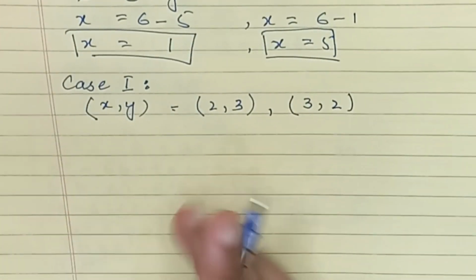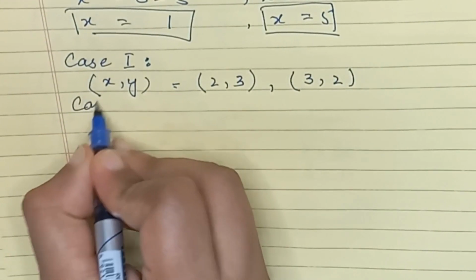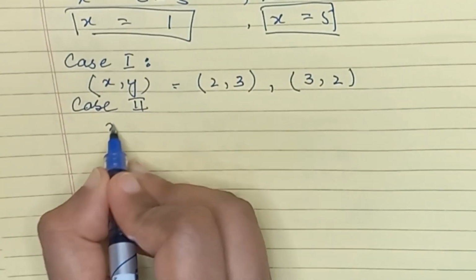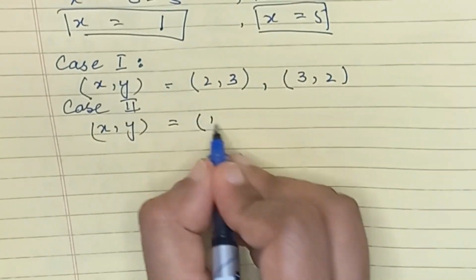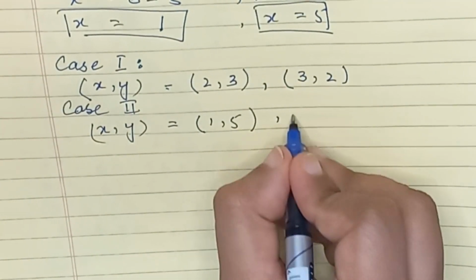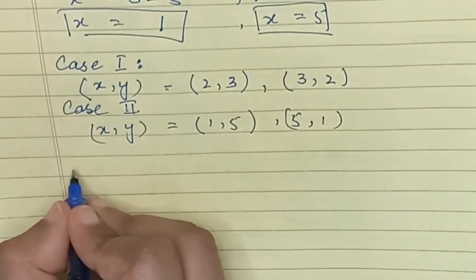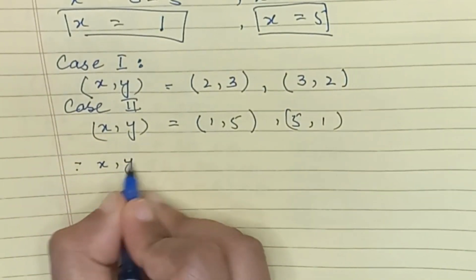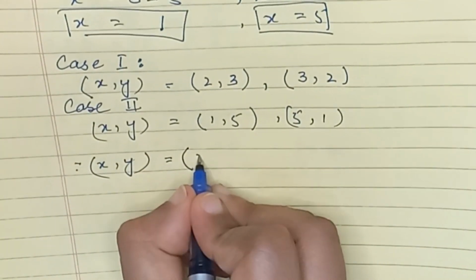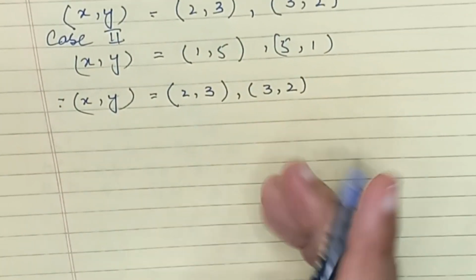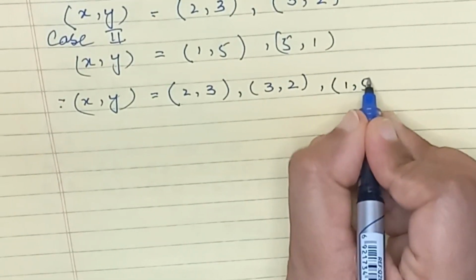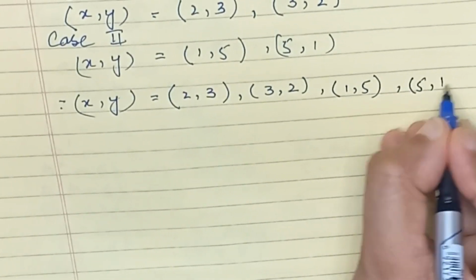And in case 2, we have x and y as 1 and 5, and 5 and 1. Therefore, x and y are 2, 3; 3, 2; 1, 5; and 5, 1.